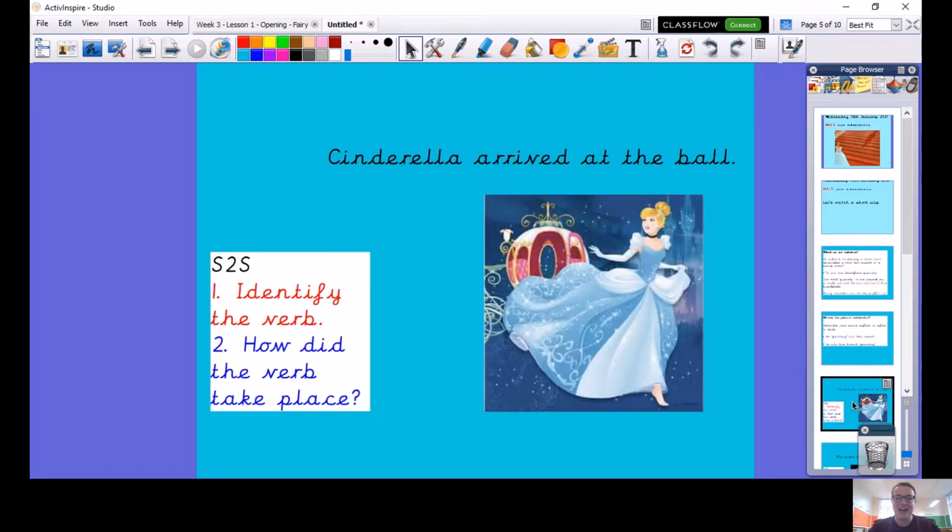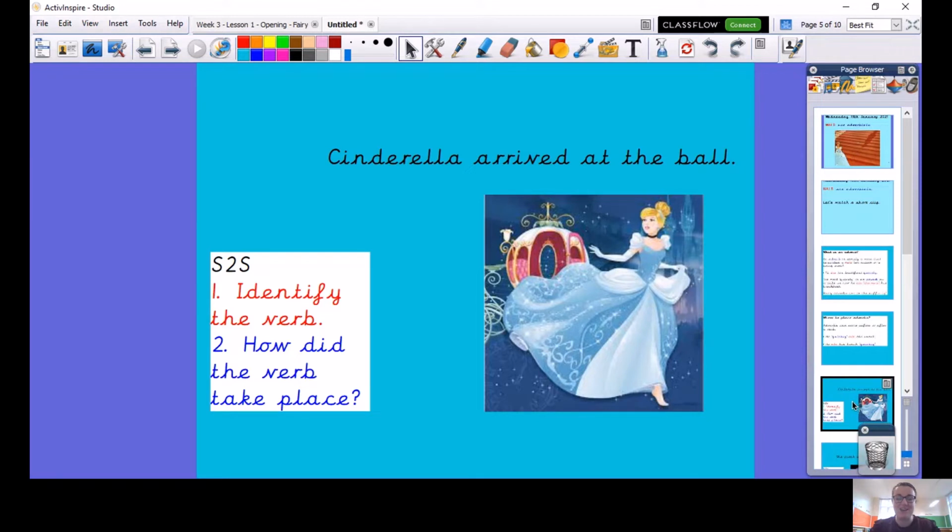We're now going to have a look at 3 sentences from Cinderella. Our first sentence is, Cinderella arrived at the ball. We have steps to success to help us with adding in an adverb. So the first thing we need to do is identify the verb. And then we need to think about how it is performed. So Cinderella arrived at the ball. Can you spot the verb in this sentence?